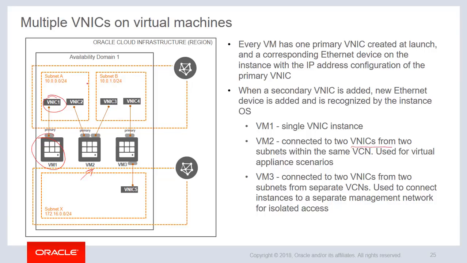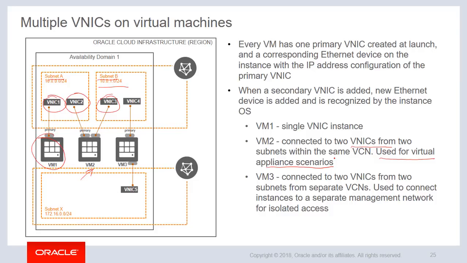This one is in subnet A and the other virtual network interface card is in subnet B. So keep in mind that the same virtual machine can have network interface cards in two different subnets. What is the use case here? The use case is virtual appliance scenarios. So in various scenarios where you have firewalling requirements, you could use a scenario like that.